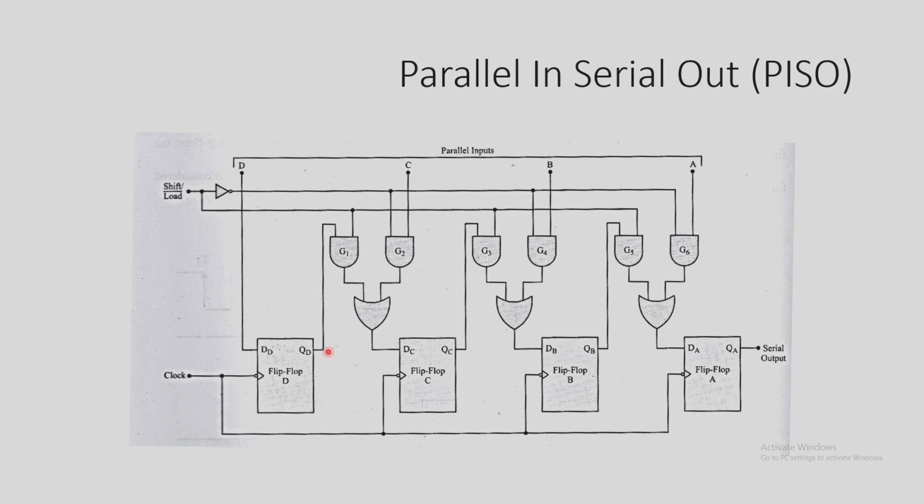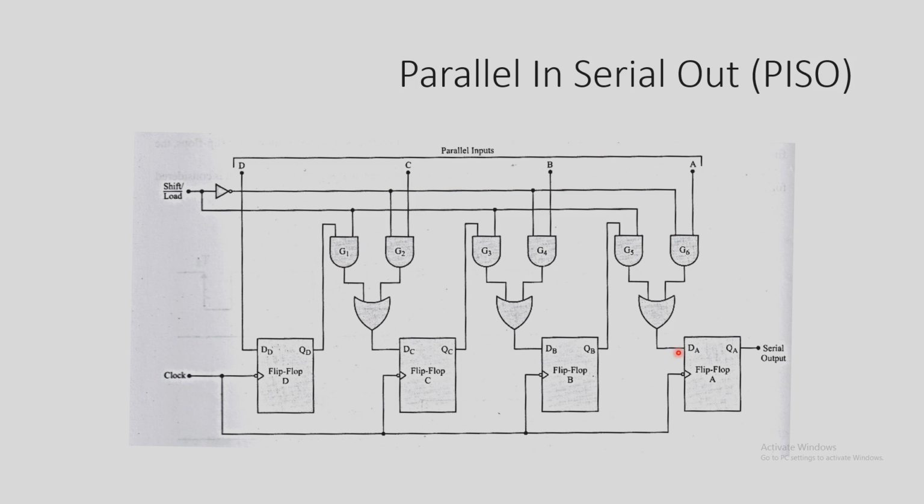So if we provide a high signal here, then this flip-flop receives this QD. If this terminal has the signal 1, there will virtually be a connection between QD and QC, so this information will travel to this port. Similarly, the same circuitry is provided here also.